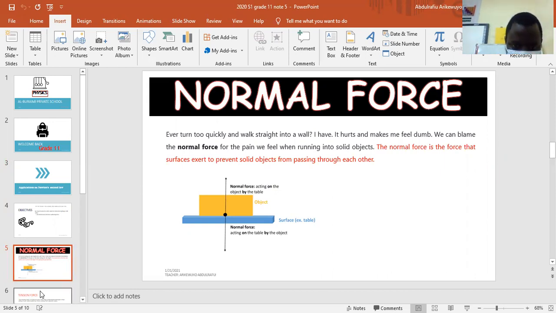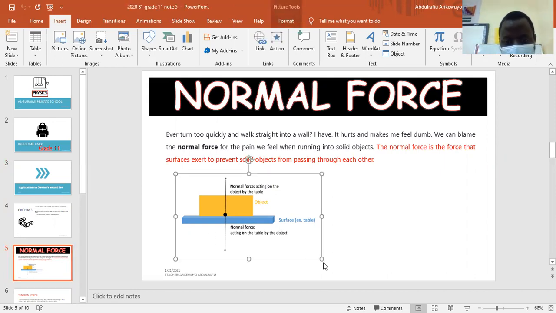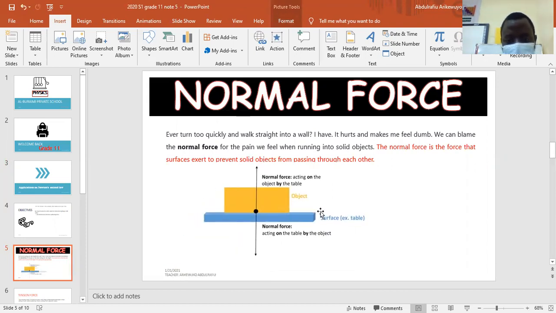If you look at this diagram, you can see that you have an object on a surface. Let's say that the surface is a table.